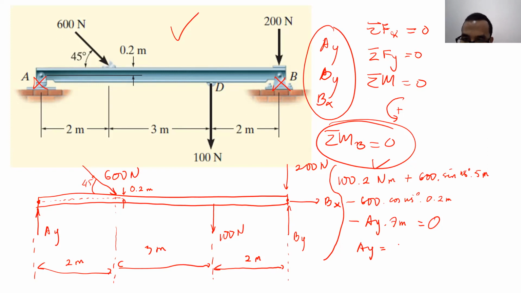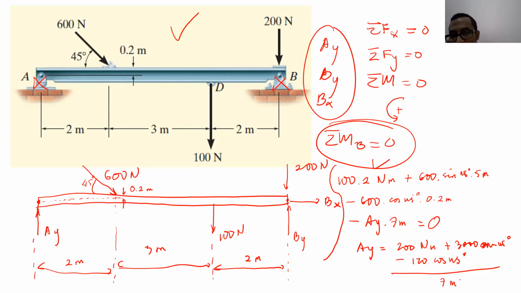Yeah, 200 Newton meter plus 3000 sin 45 degrees minus 120 cos 45 degrees and everything divided by 7 meter. What is the value of Ay here?